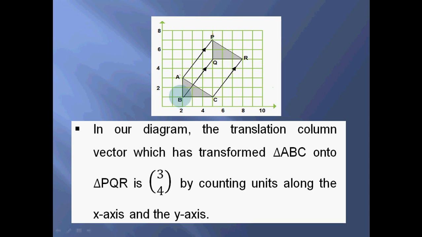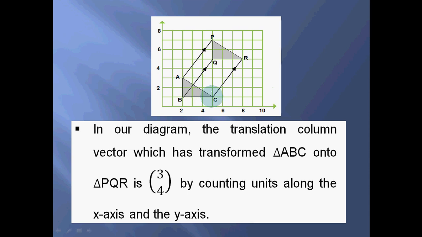So point B along the horizontal axis, the x-axis, is moving 1, 2, 3 units. We need to stop at the corresponding point, which is point Q, because point Q corresponds to point B. So we have moved 3 units along the horizontal axis.